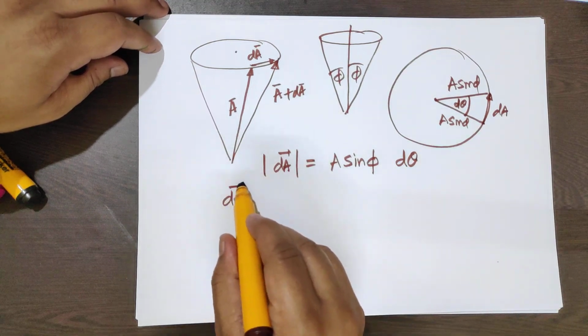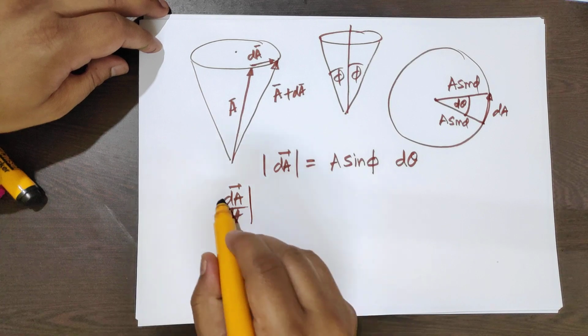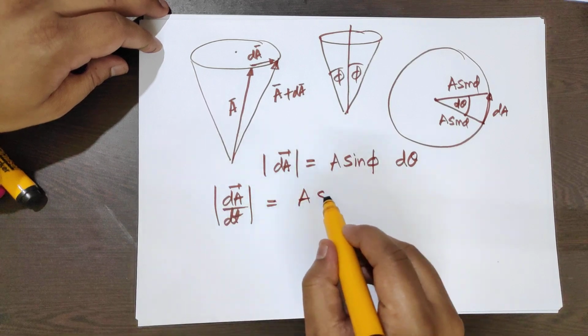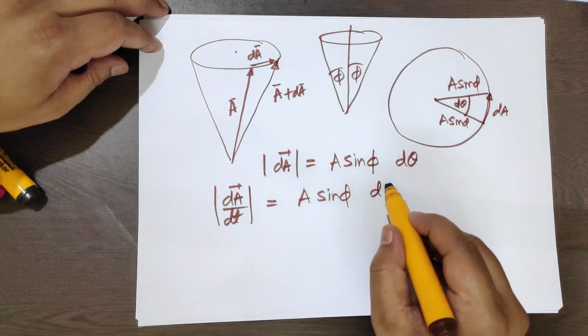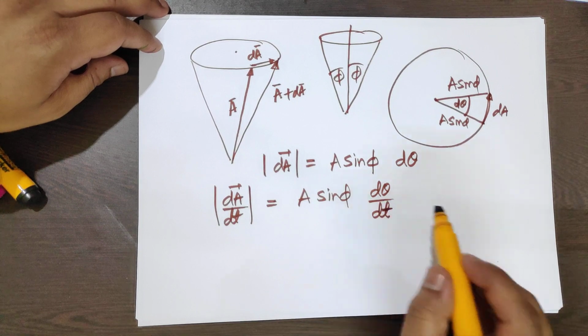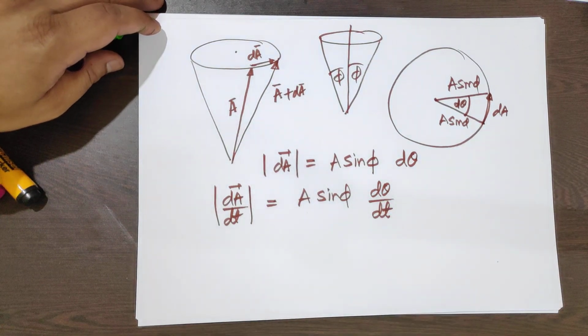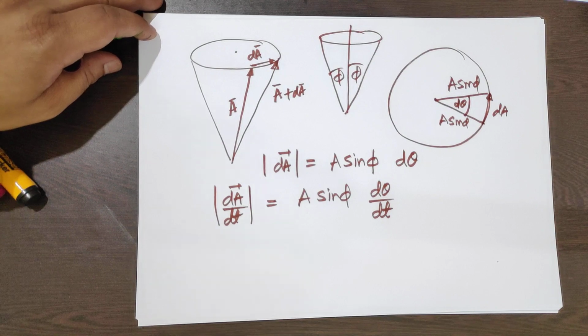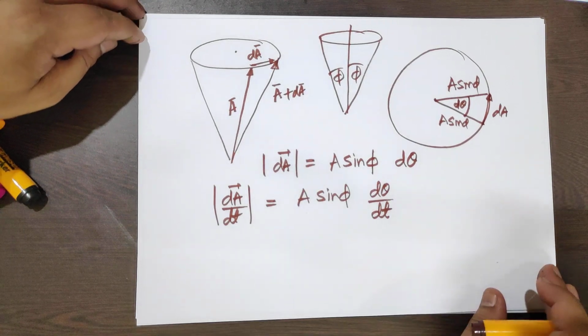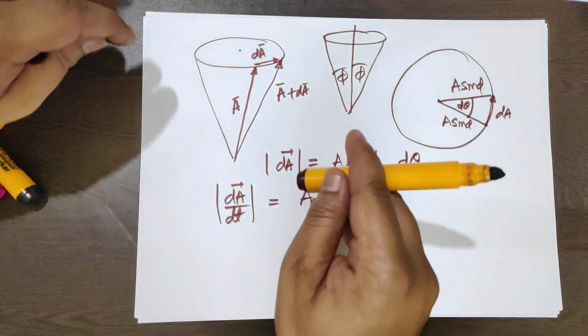Now what is the magnitude of dA by dt? That's A sine phi multiplied by d theta by dt. So what is d theta by dt? It is nothing but the angular velocity omega, right? The angular velocity at which this vector A rotates.